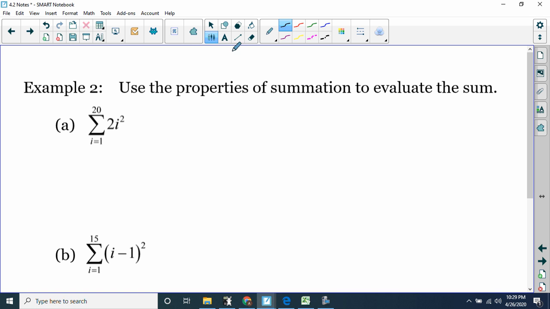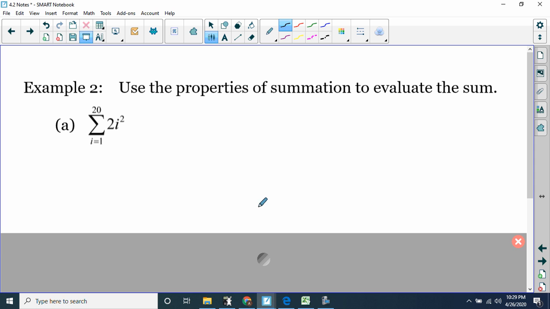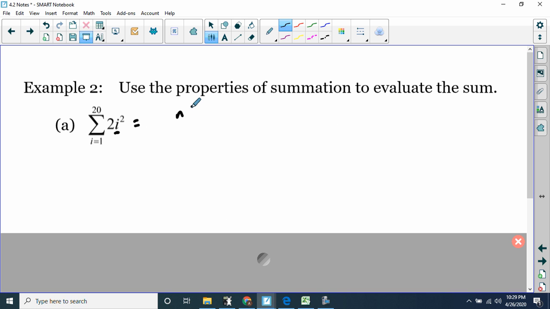So example 2 asks us to use the properties of summation to evaluate the sum as I goes from 1 to 20 of 2i squared. So because it's I squared, we're going to use the rule that has an I squared in it, which is this one here. So it's n times n plus 1, times 2n plus 1, all over 6.